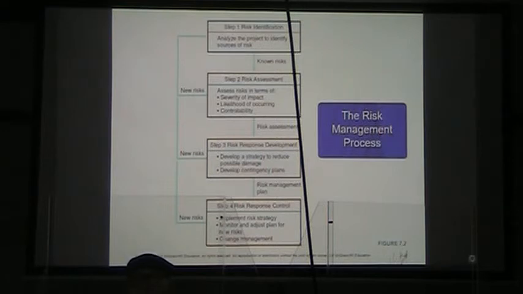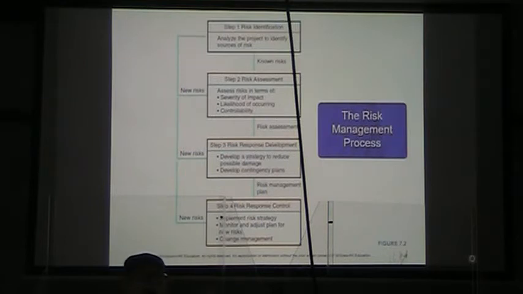All right, so those known risks now come down to our next step, which is risk assessment. So we assess those risks in terms of the severity of impact, the likelihood of their occurrence, and their controllability, right?